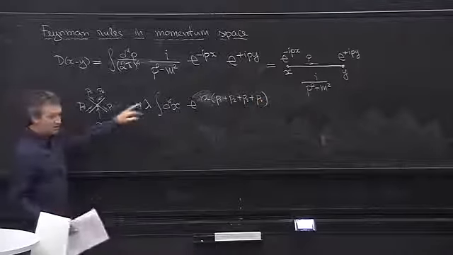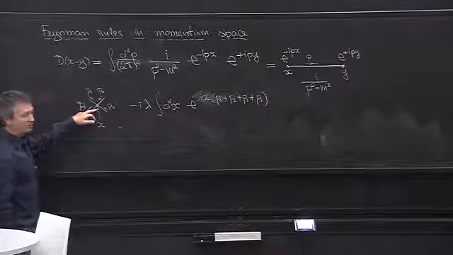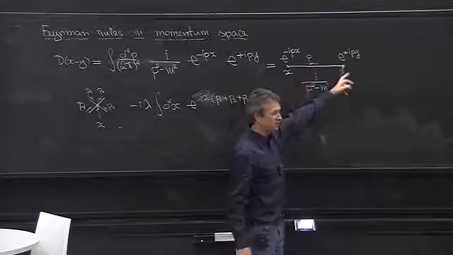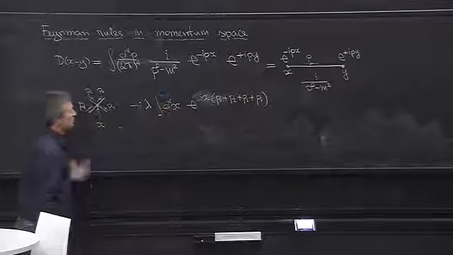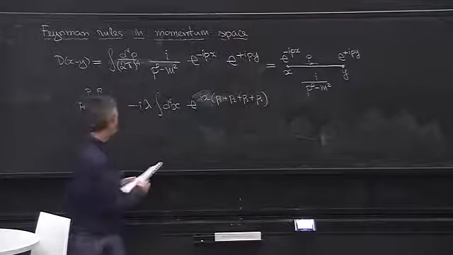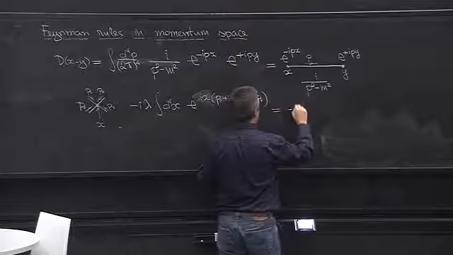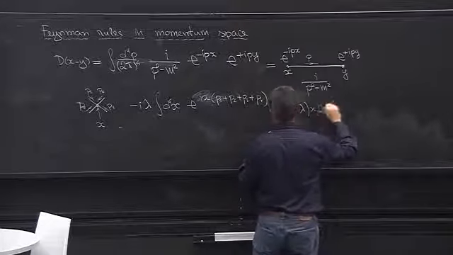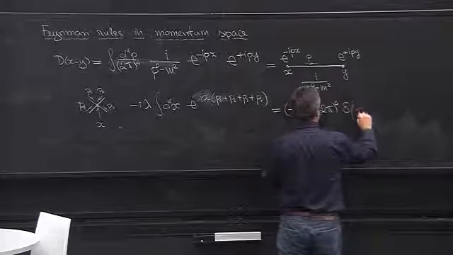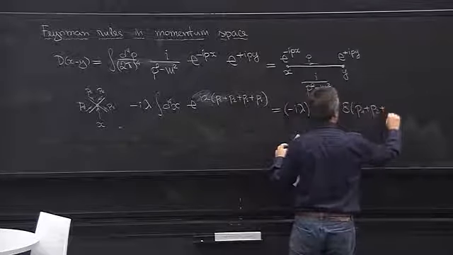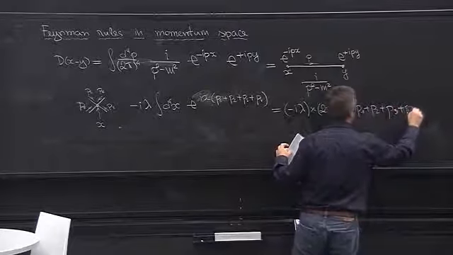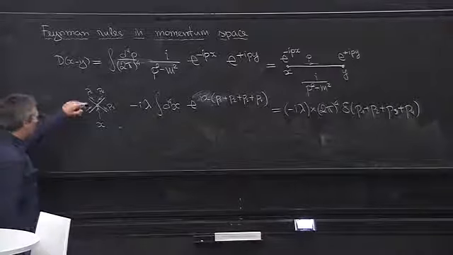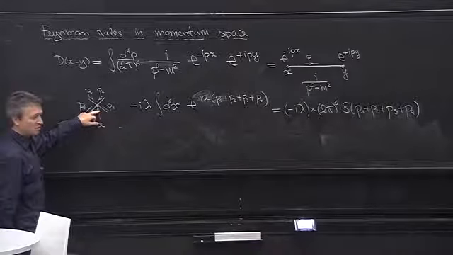Now x doesn't appear anywhere else in the diagram, because we disentangled the x dependence in the propagator. So this is the only place where x appears, and we just take this integral. This gives minus i lambda times (2 pi)^4 delta of p1 plus p2 plus p3 plus p4. This is just momentum conservation: the total momentum inflowing into this vertex should be 0.